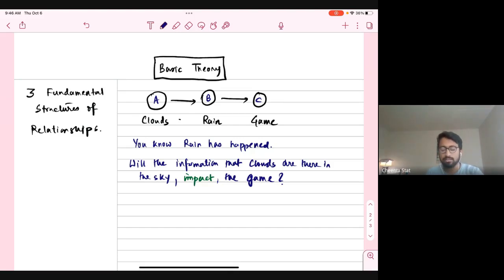Like, since rain is falling, you know what the game will be. It will be no. So if we know that the rain is falling, does the information of clouds add any extra information to the game happening or not? That's the question. What do you think?